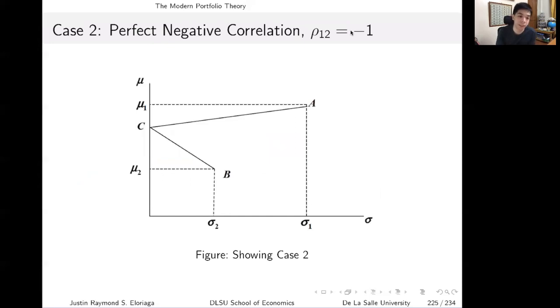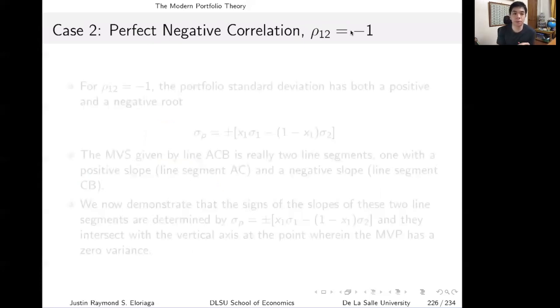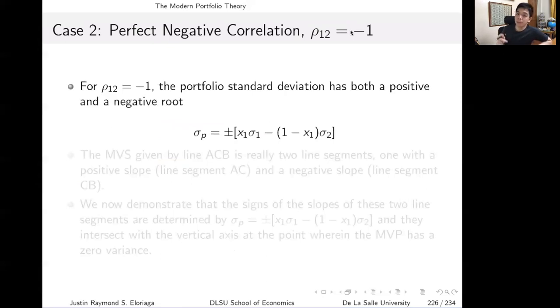And it looks something like this. So ACB is now going to be our curve that we have. So that line there will be what we have, and that's in case two. So how did we get to that? If you recall, when the correlation coefficient is perfectly negative, it's equal to -1.